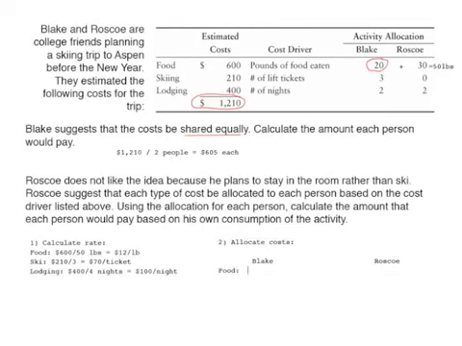So we're going to take our rate, which we determined to be $12 per pound. So $12 times his 20 pounds of food. He is going to cover $240 of that cost. Roscoe, we'll keep the same rate, it's still $12 per pound. Roscoe is going to eat 30 pounds of food. So the amount of cost allocated to him for food will be $360.